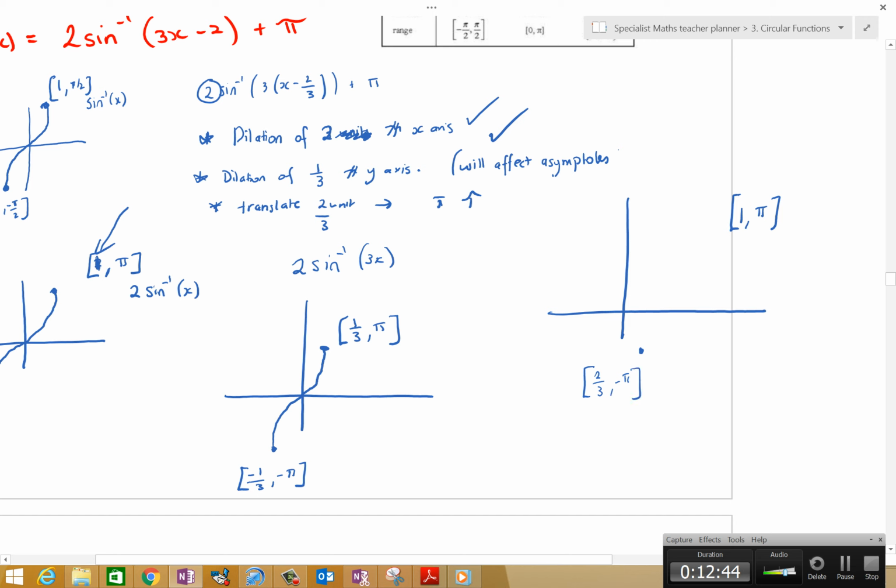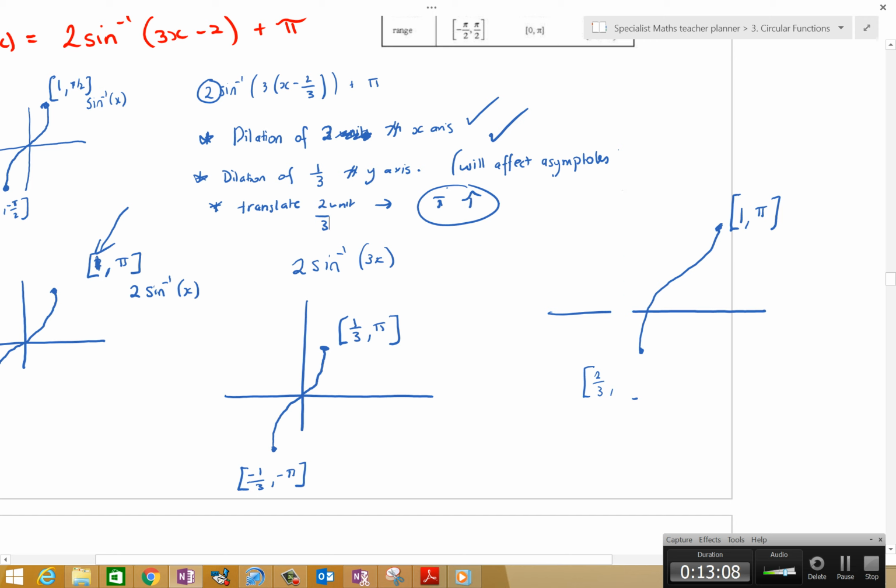All right, we now have our shape and it's a lot thinner than it was before. Something like so. We're now translating pi units up. So let's add pi to everything. So I'm going to say that that's 2/3. Oh my goodness, look at that. You know what? I'm not even going to bother.